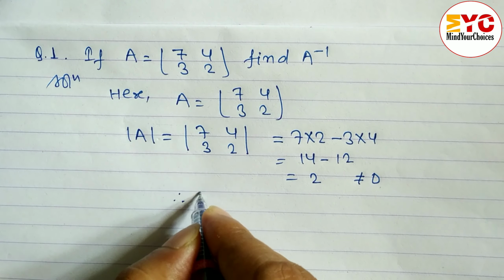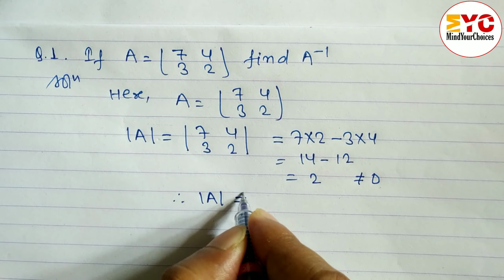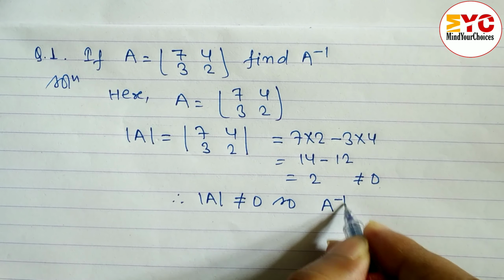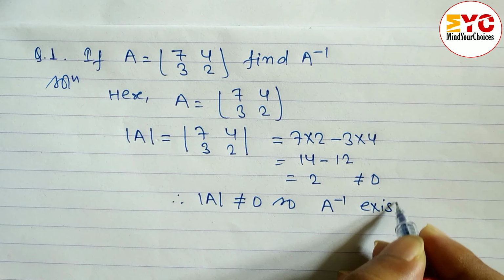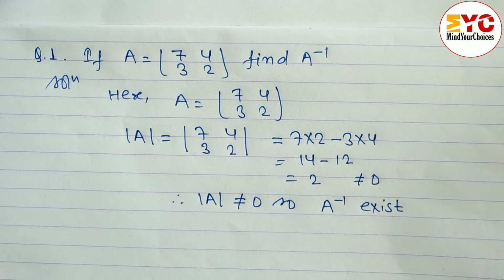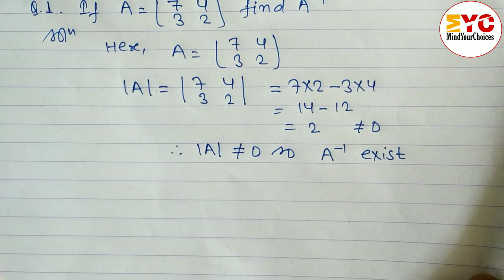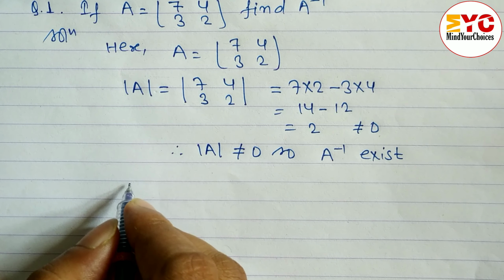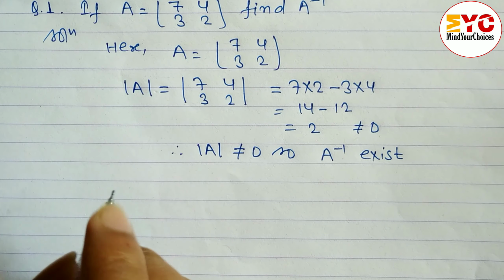Therefore determinant A is not equal to 0, so A inverse exists. If we get determinant 0, then we cannot find out the inverse of matrix A.